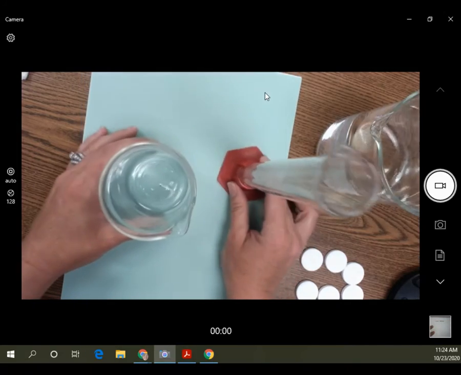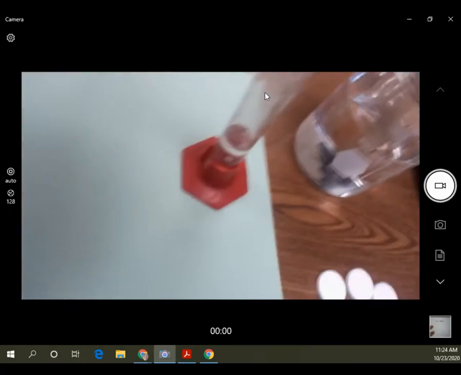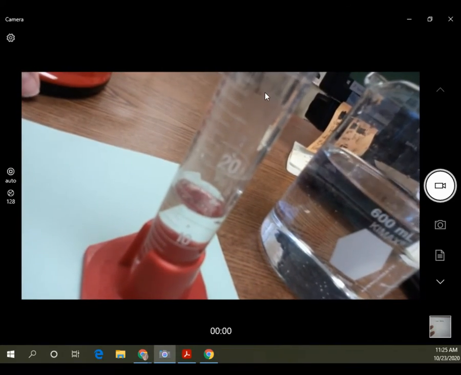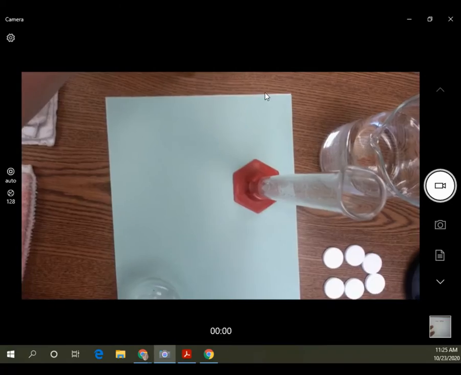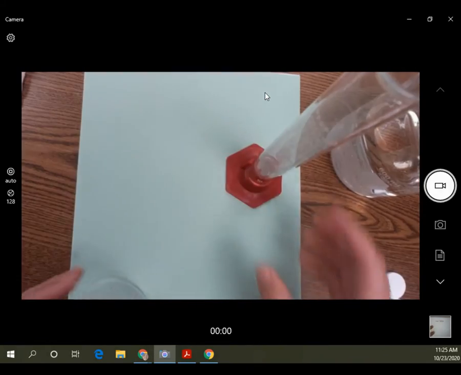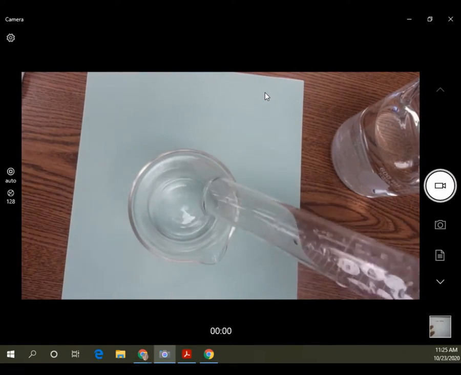You should always, when you are measuring with a graduated cylinder, get to eye level and make sure that you have, let's see, that's not very clear. Here's the 10 and here's the 15. So I won't show you that every time, but I will. I'm trying to make sure we are doing proper lab procedures in this demonstration version. So it said pour the water in there.